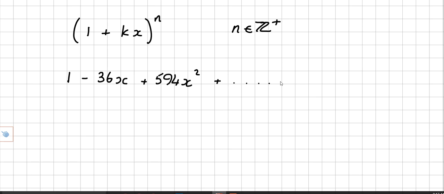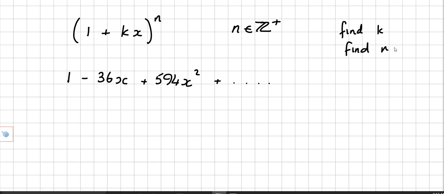So that's just being told what the expansion is. What that means is they've done the first 3 terms of the expansion. So we're going to use this information to find k and also find n.